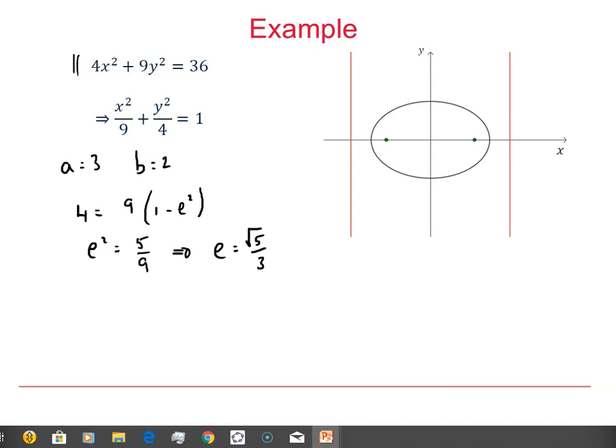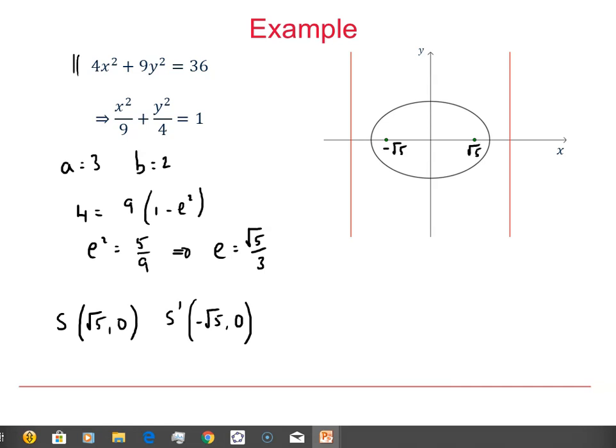The foci are at ae, so multiplying by 3 gives us that the foci are at S is root 5, 0, and S dashed at negative root 5, 0.